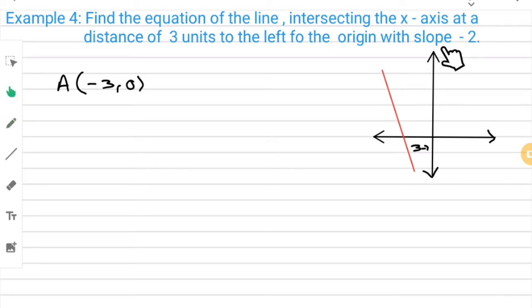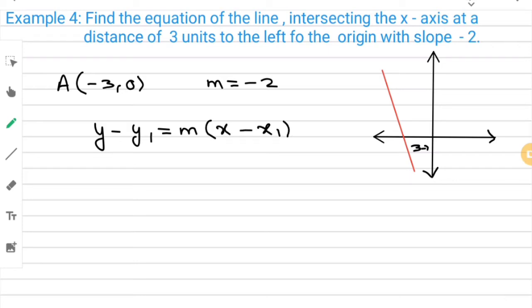And then they have given the slope. Slope m is equal to minus 2. And now we got the point as well as the slope. I'm going to use the equation y minus y1 is equal to m of x minus x1. And now I'm going to take this minus 3 comma 0 as x1, y1.